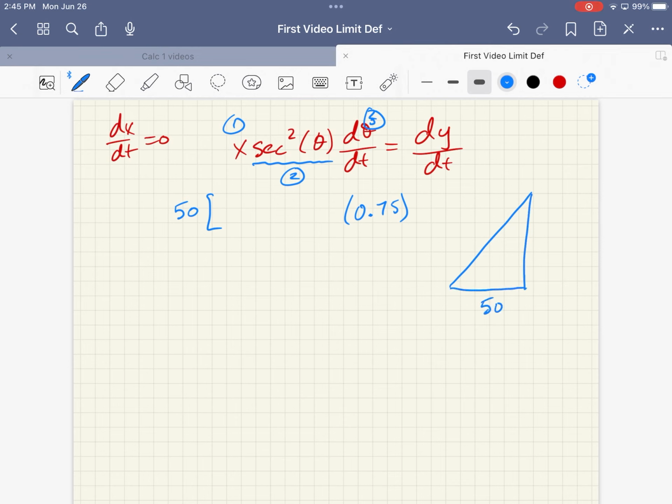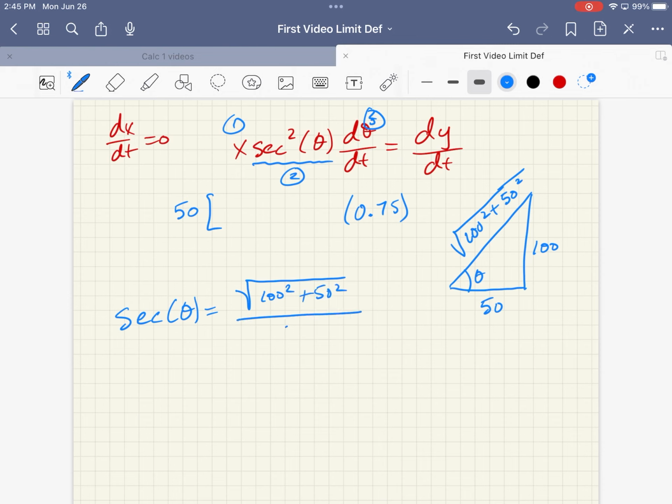I have a triangle where this is 50 and this is 100. So this is the square root of 100 squared plus 50 squared, and this is theta.